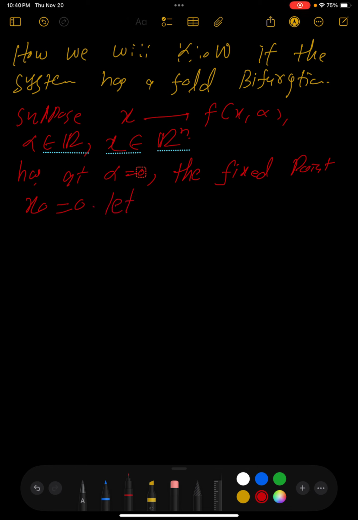Okay, and then let mu, as we defined it, f_x at alpha equal to 0 and fixed point x naught equal to 0, be 1.